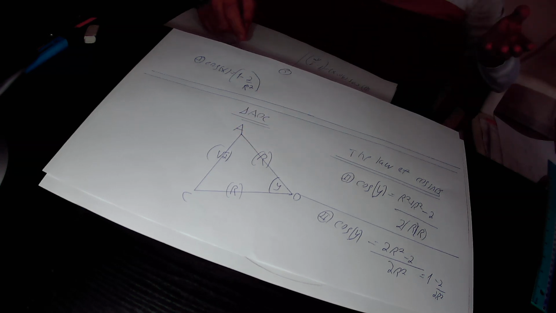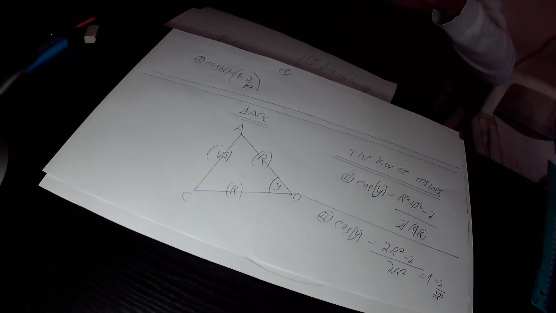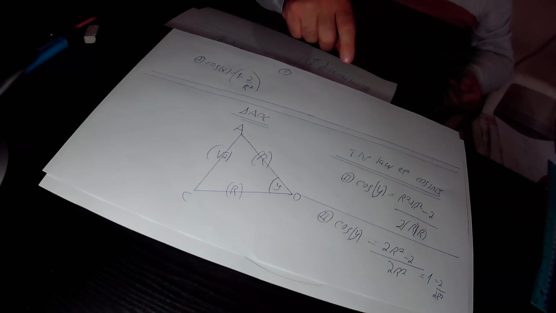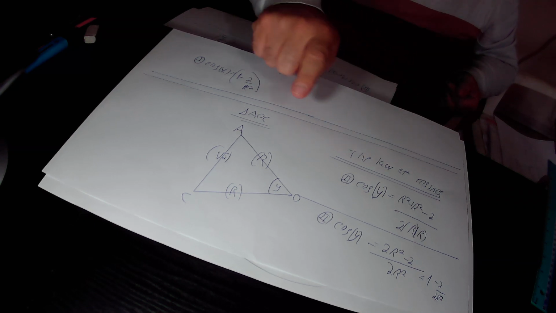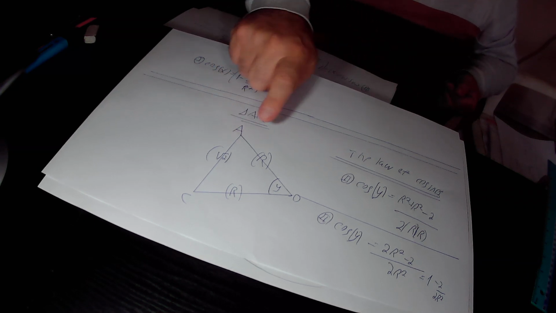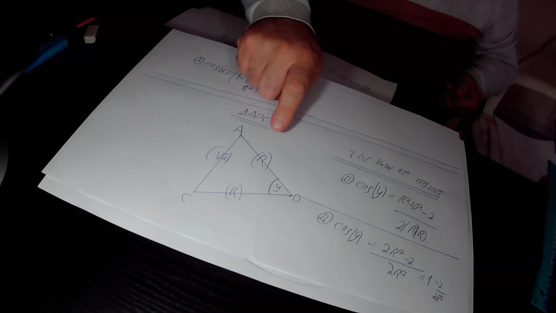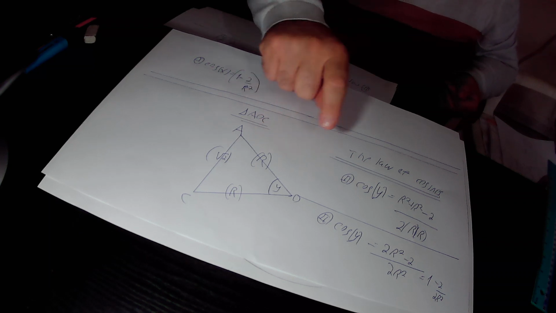So in this triangle AOC, according to the law of cosines, cosine y equals r squared plus r squared minus square root of 2 squared, that is 2, divided by 2 times r times r.